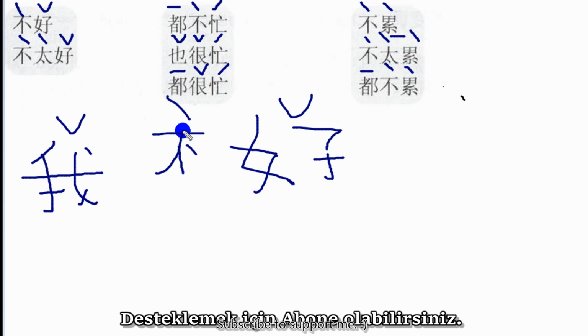Here there is a fourth tone, so we will use half third tone. 我 is third tone, but 我不 is half third tone. 我不好: 我 means I, 不 not, 好 good. I am not good.